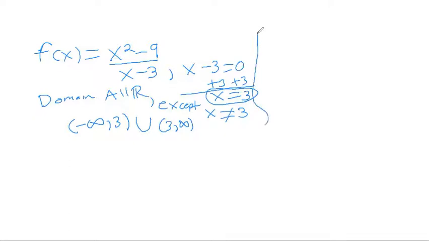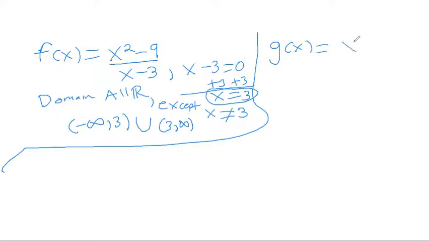Another example that we can go through is, say I have g of x equals x over x squared minus 9. Again, I set the denominator equal to 0 and solve for x.